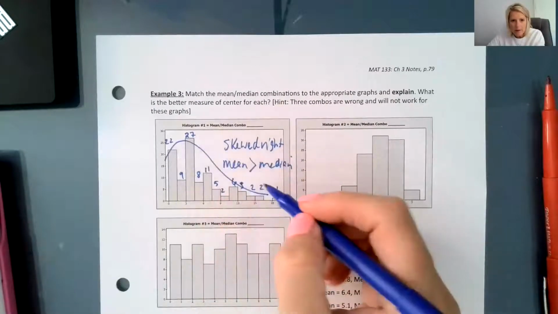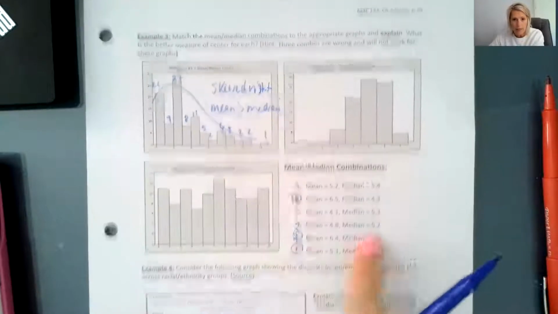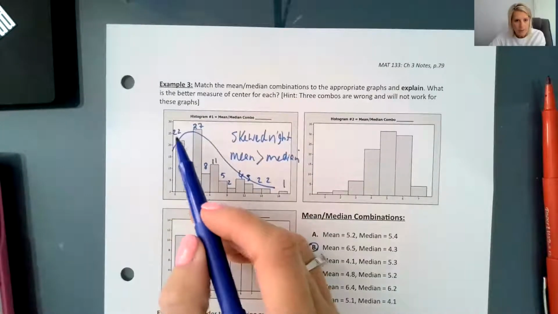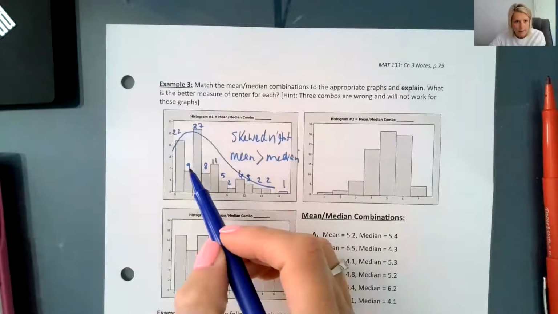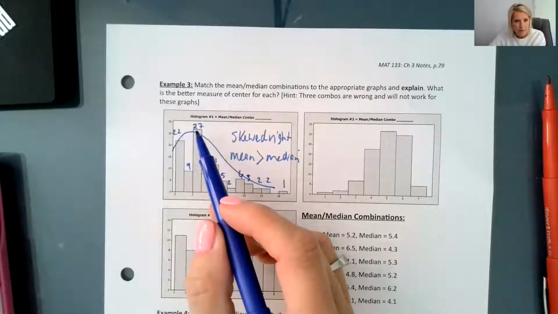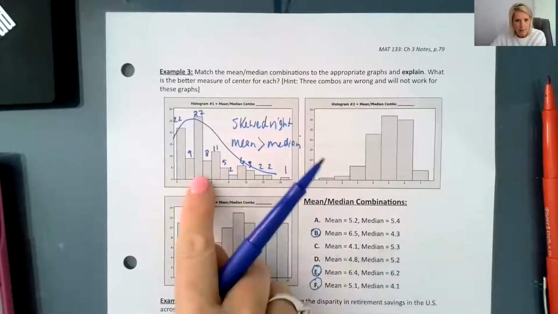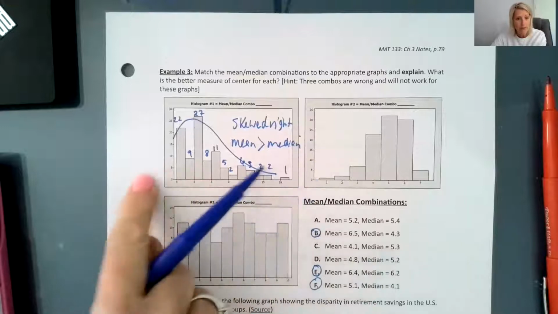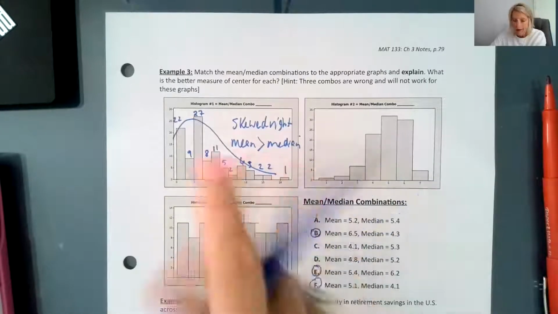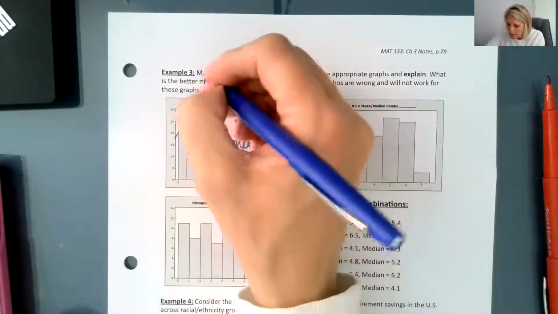So if there are about 100, that means 50 of the data values would fall to the left of the median. So let's start adding. 22 plus 9 is 31, plus 27 is 58. That means our 51st data value, right? Because the 50 have to be below the median and 50 have to be above. So the median has to be in this bucket somewhere.